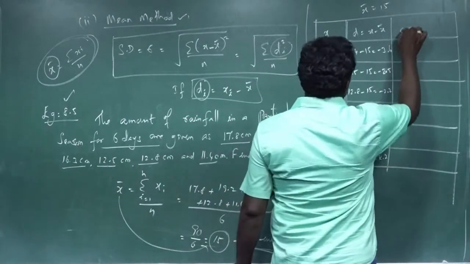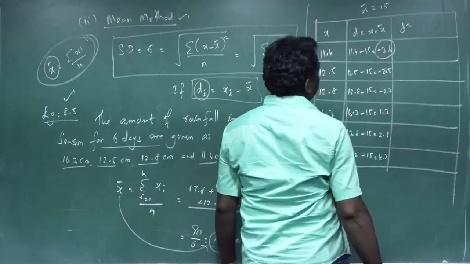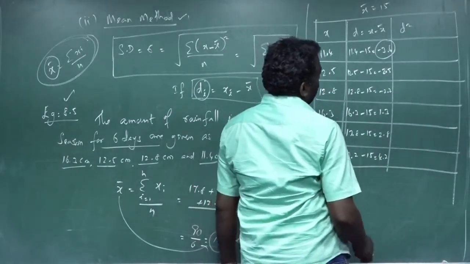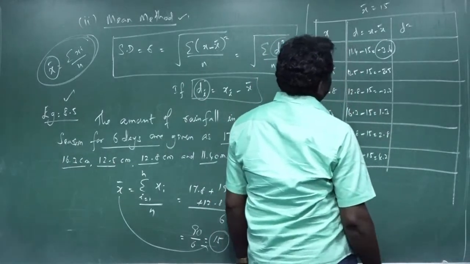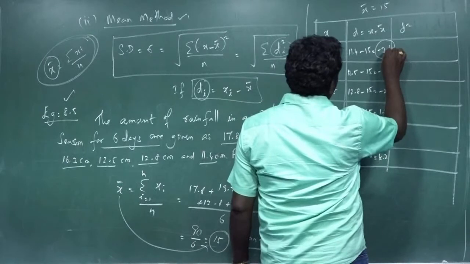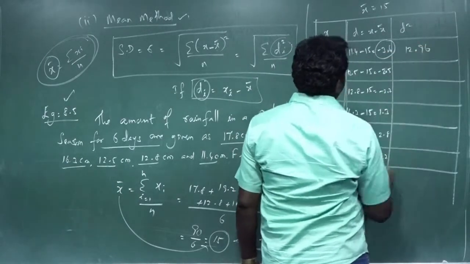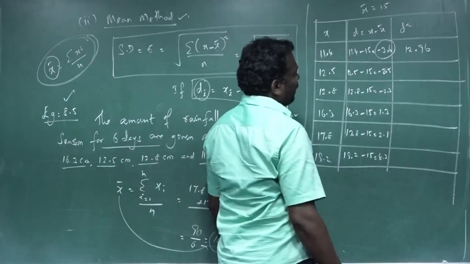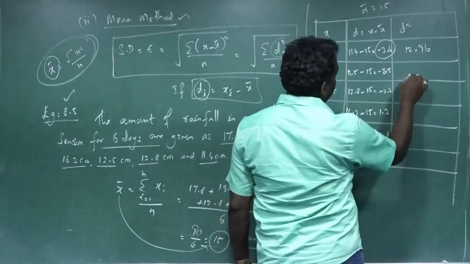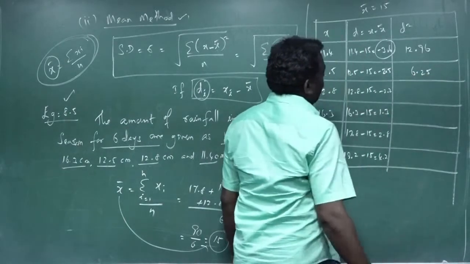Next we want to find d square. Square the term minus 3.6: 36 into 36 is 1296, keeping two decimal places, 12.96. Then minus 2.5: 25 into 25 is 625, keeping two decimal places, 6.25.